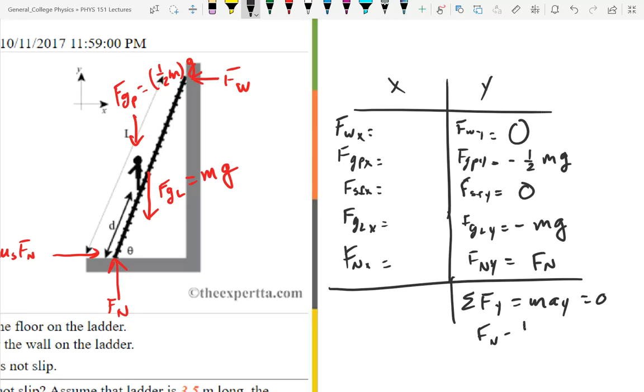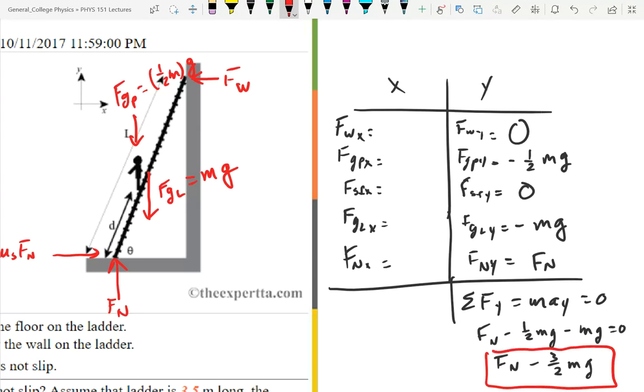Force normal minus 1/2 mg minus mg equals 0. So force normal is equal to 3/2 mg. Nice box. Okay, that was fairly easy. That's the answer to the first one. I did the y direction because that's the direction of the force I was looking for.